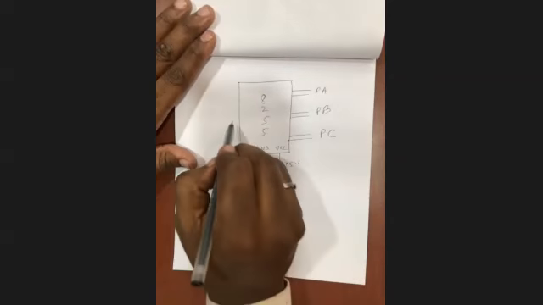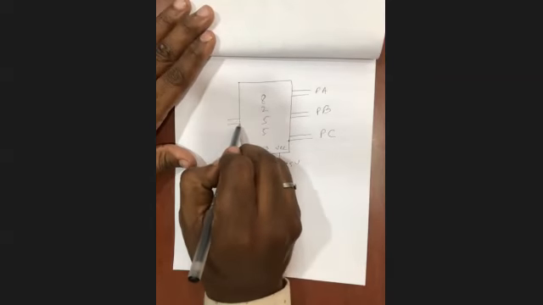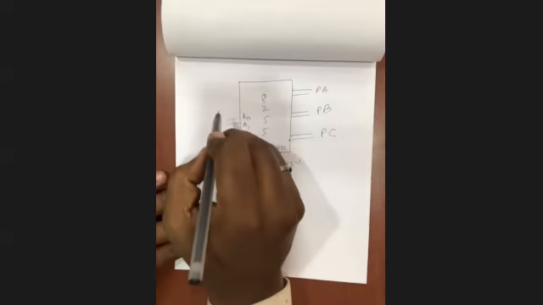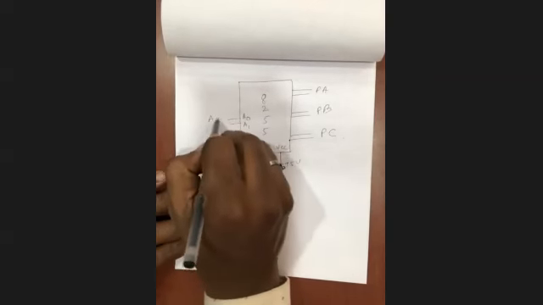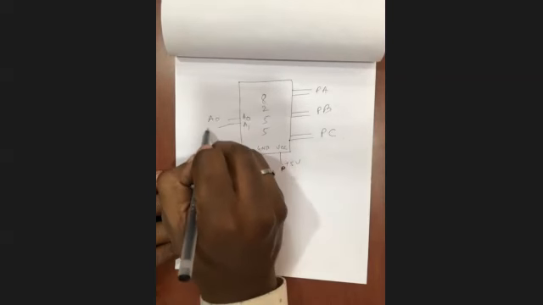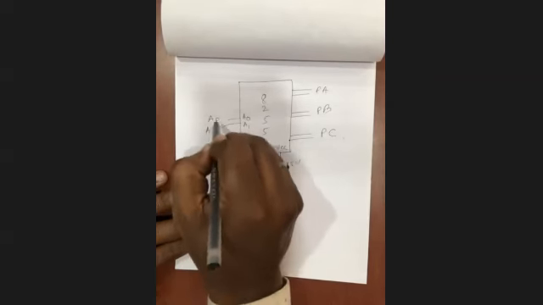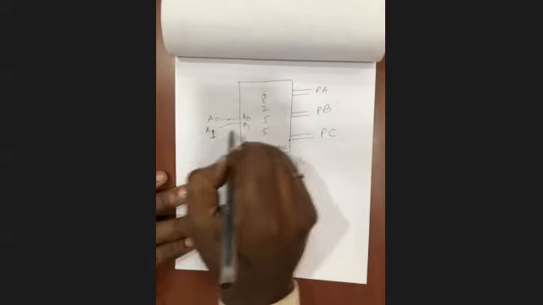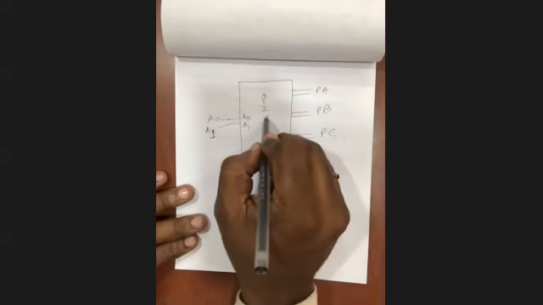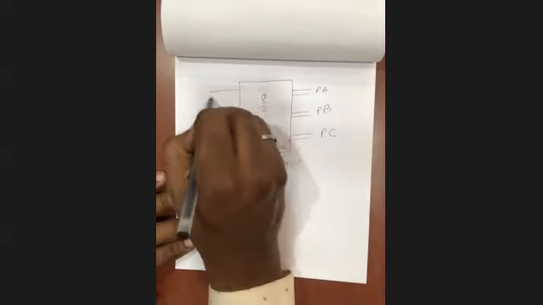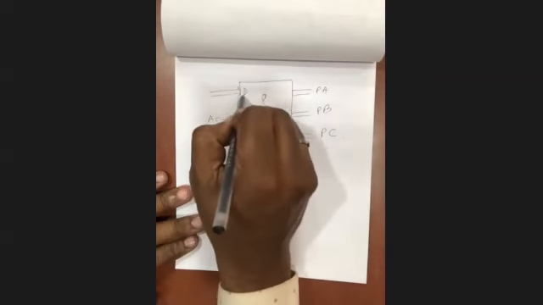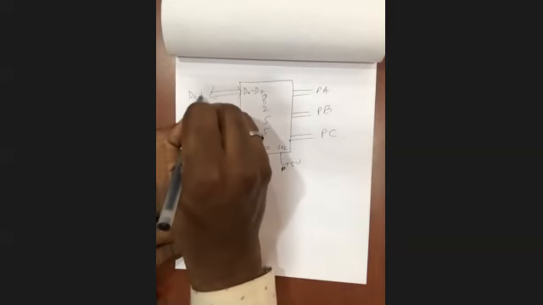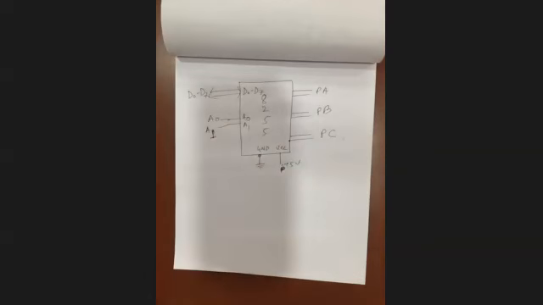Two other separate pins are A0 and A1. These are also important pins. These are the microprocessor pins A0 and A1, and these A0, A1 are the 8255 pins. Next is the data bus, D0 to D7, here also D0 to D7. Is it clear?